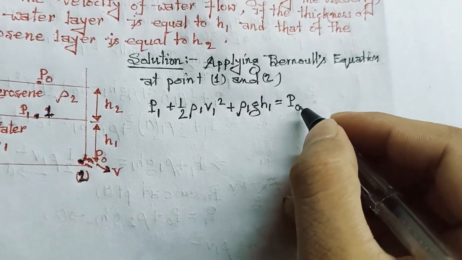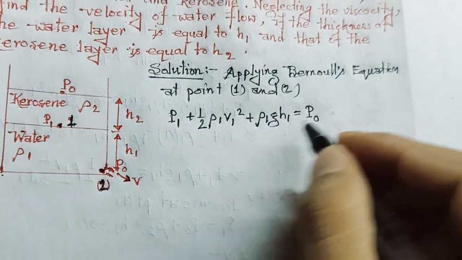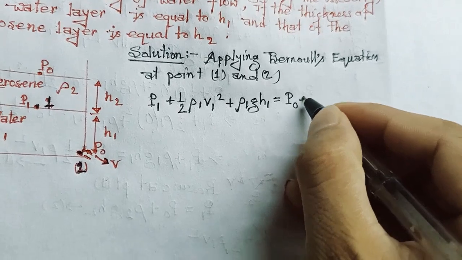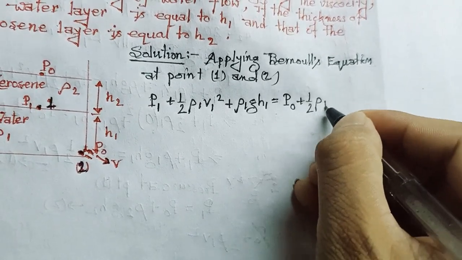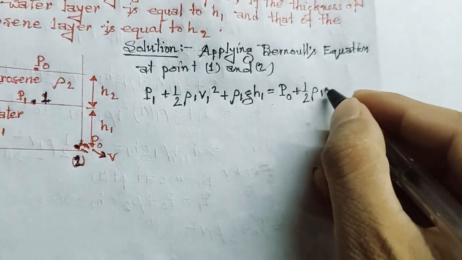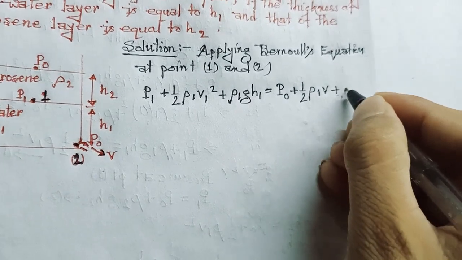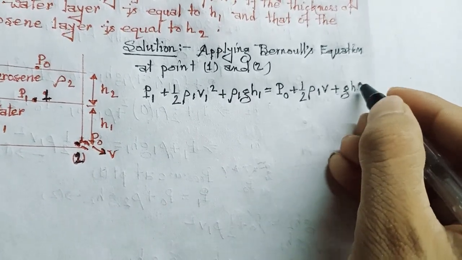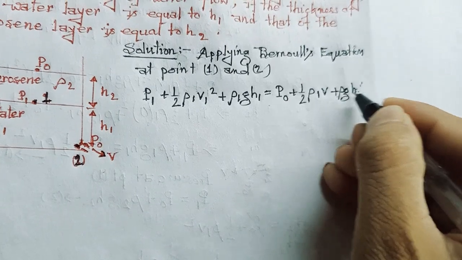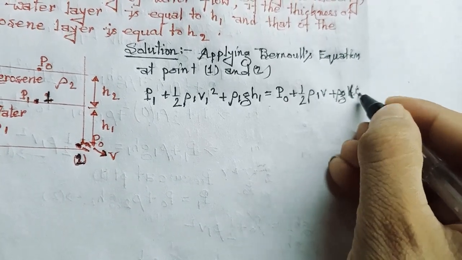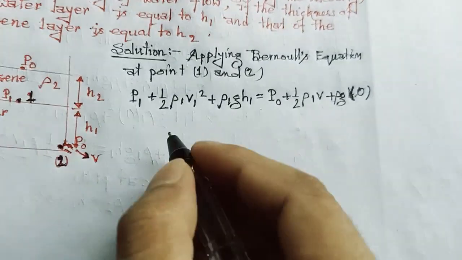So the Bernoulli equation for point 2 will be P naught plus half rho 1 times v square plus rho 1 g h2, where h2 is equal to 0 because it is the ground or datum level.